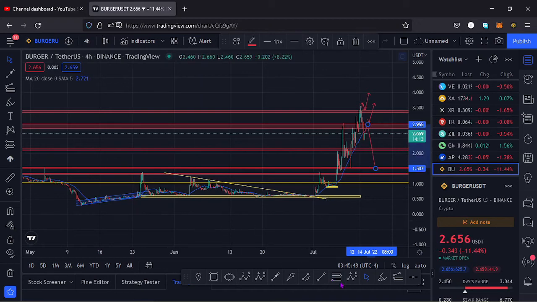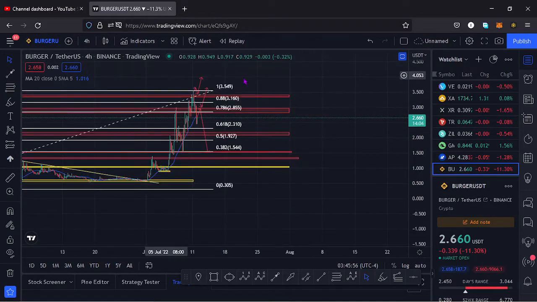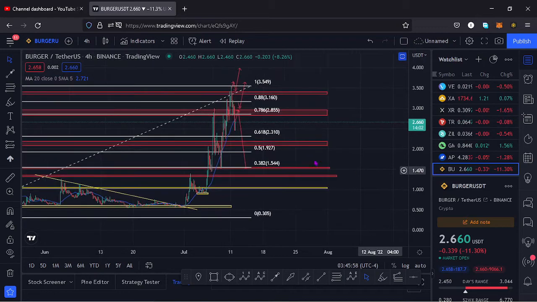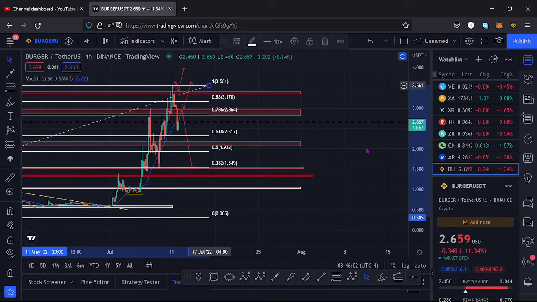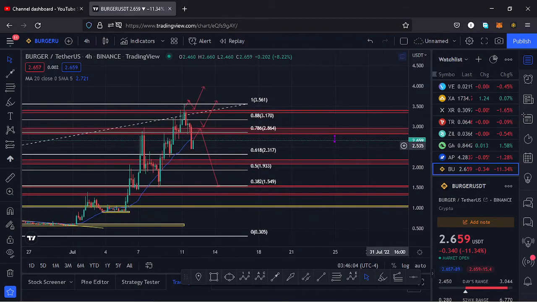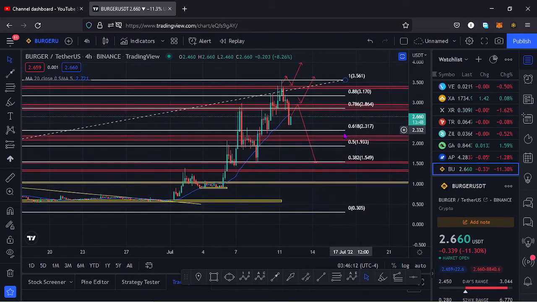So if I apply the fibs from this low that we have down here to that high that we made yesterday, the minimum that I'll expect this wave in this retracement to the lower side to do is the area between the fib level 0.618 and the fib level 0.5, and that is between the $2.317 mark and the $1.933 mark.